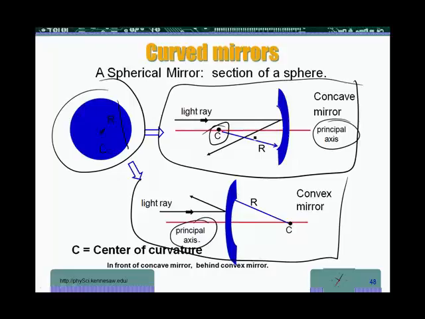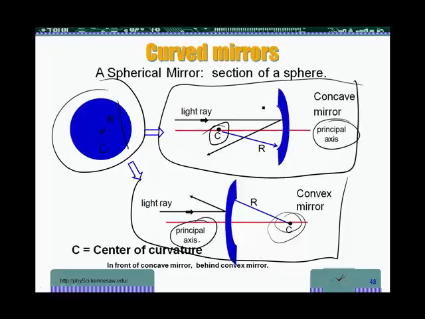The distance from mirror to center is going to be the radius of that sphere, r. Call that the center of curvature. What's interesting, it is the center of the sphere. So for a convex mirror, the center of curvature is actually behind the mirror, behind where we are going to have the objects and light and everything.